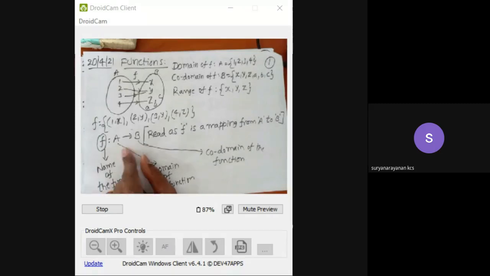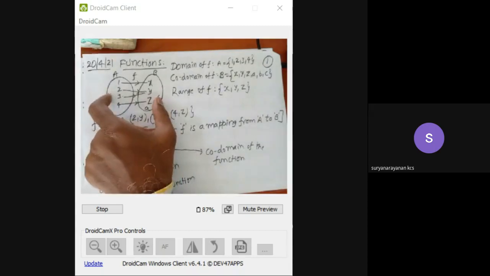This is a notation to denote a function. Just by watching this notation, we can find the name of the function. And the first letter before the arrow symbol denotes the domain of the function. After this arrow symbol denotes the codomain of the function. If you want to represent a function by arrow diagram, we show that visual representation, arrow diagram like this.